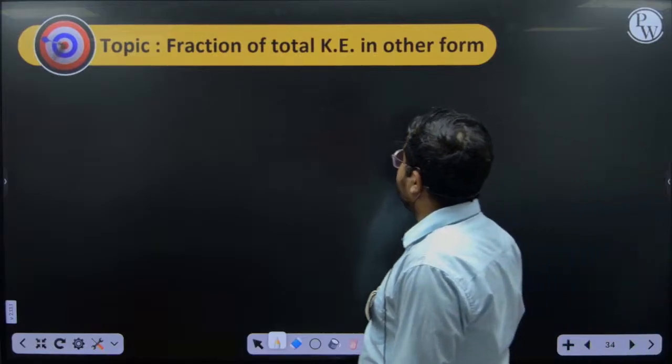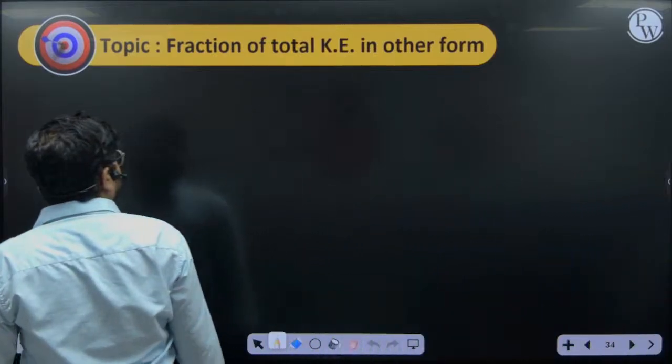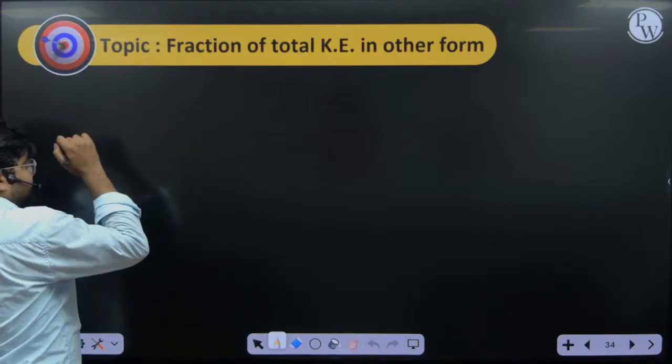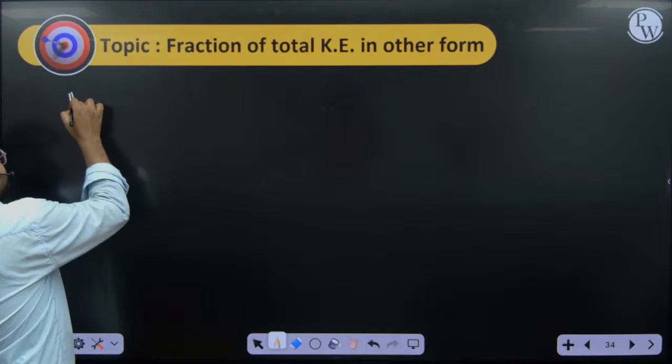Okay, fraction of total kinetic energy in other form. So let us understand this by an example.